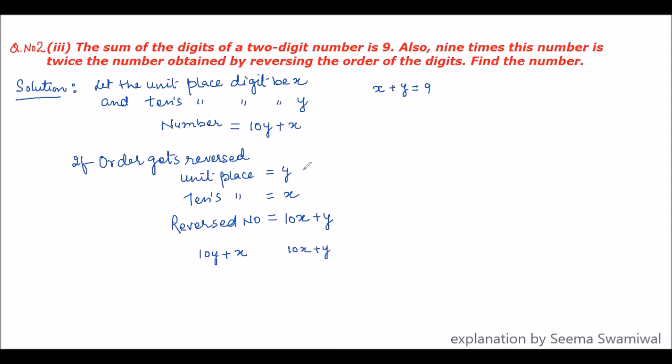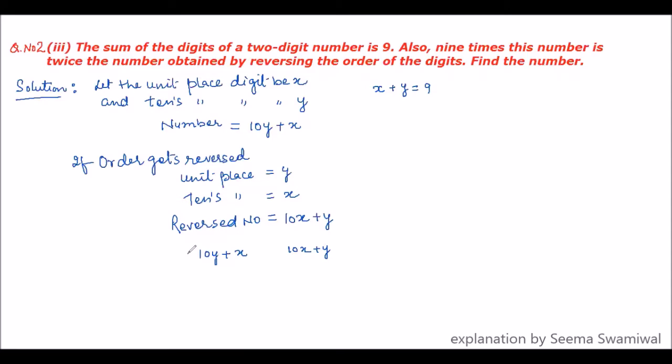Very carefully you have to write the coefficients. 9 times the number is twice the number obtained by reversing the digits.